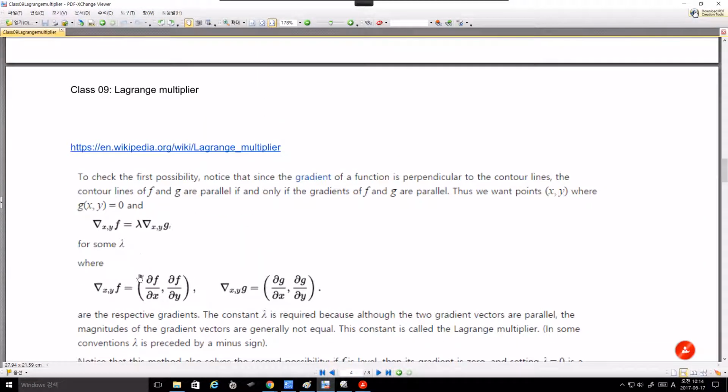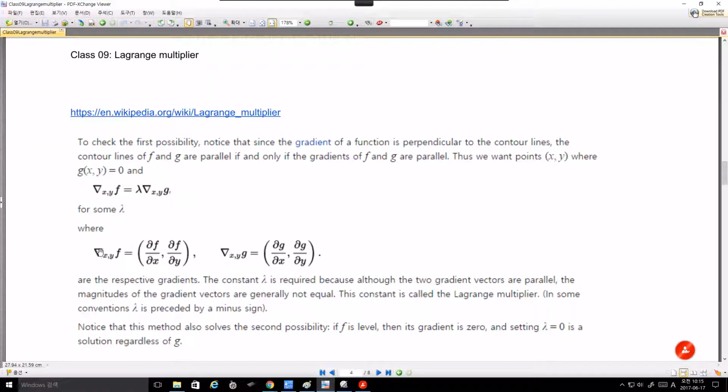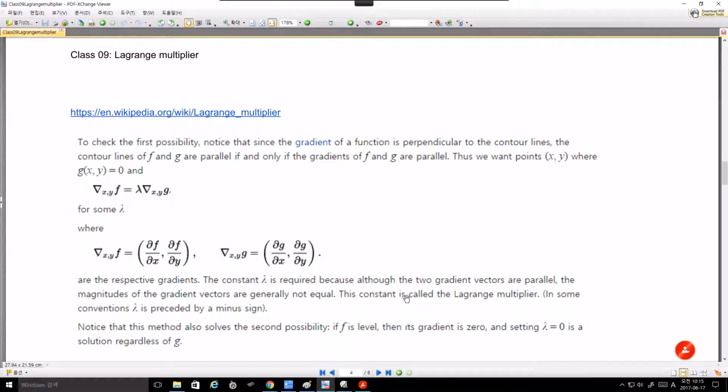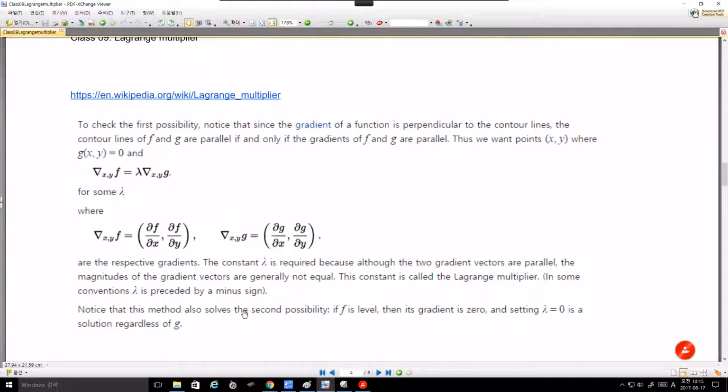The constant lambda is required because although the two gradient vectors are parallel, the magnitudes of the gradient vectors are generally not equal. This constant is called the Lagrange multiplier. In some conventions, lambda is preceded by a minus sign.